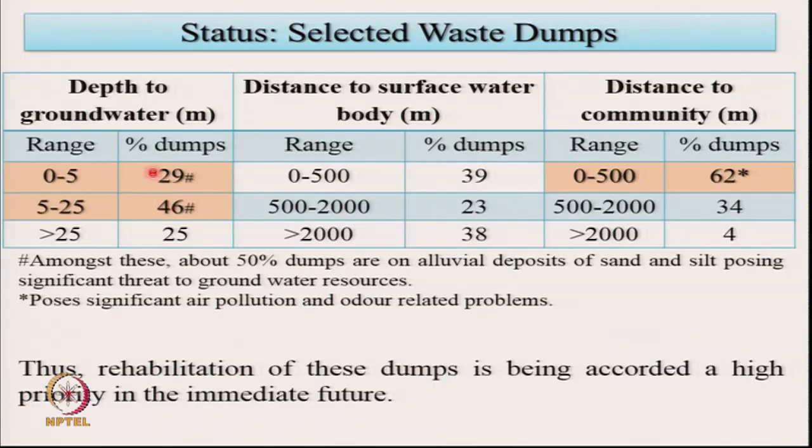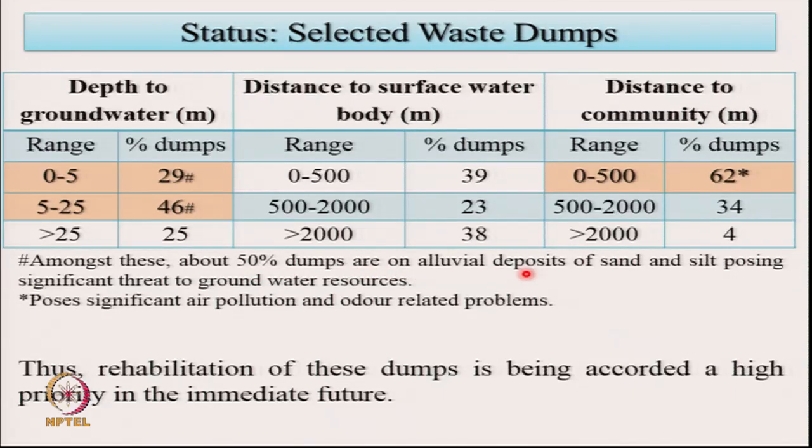Groundwater can also be a problem if you are sitting on pervious soil and the water table is shallow. But in the city means a lot of problems. So out of these 29 and 46, which means 75% of waste dumps, please note that 50% of these dumps are on alluvial deposits.